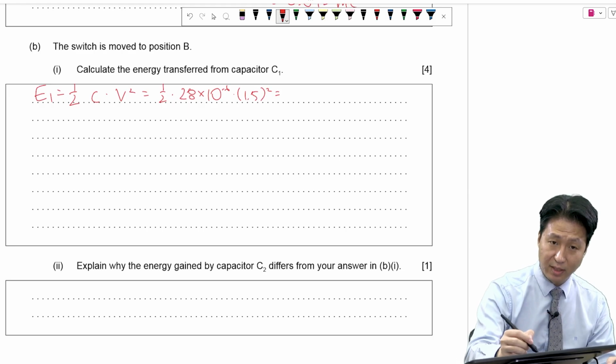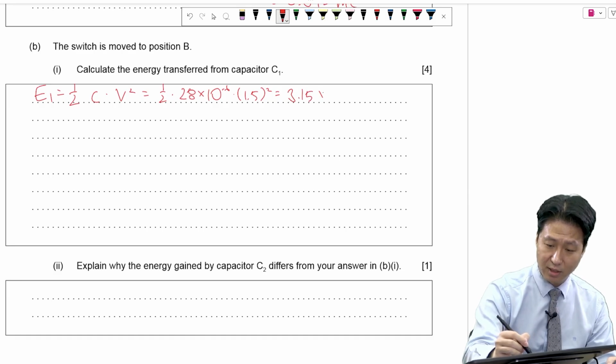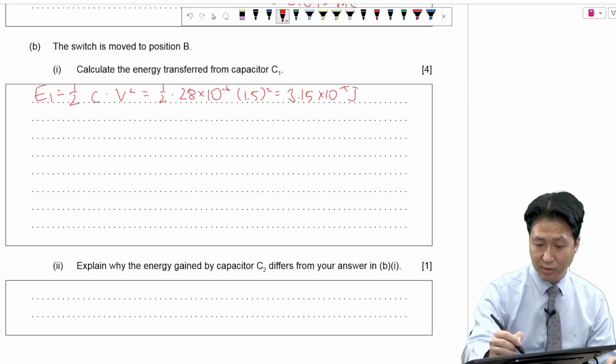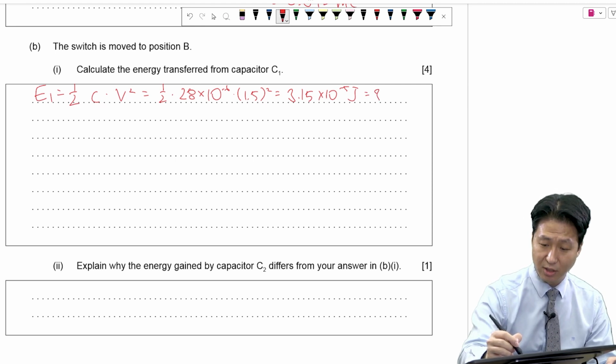And this would give us about 3.15 times 10 to the negative 5 joules. Let's change it to more convenient units, which would be 31.5 microjoules.